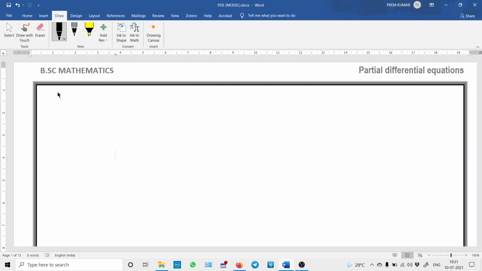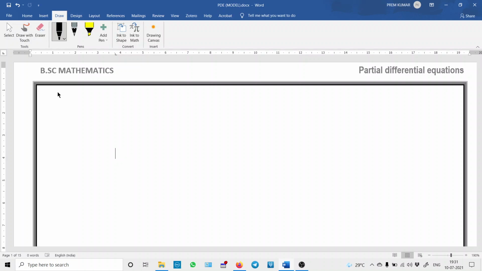For each of the types, we are going to discuss the method to solve the partial differential equation. Solve in the sense we are going to obtain the solution, that is z, which is a function of x and y. So this is what we are going to do in this session.